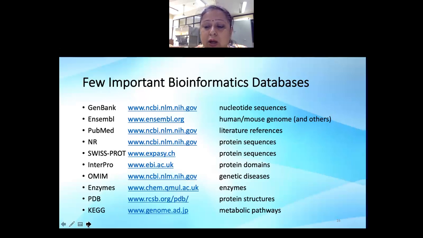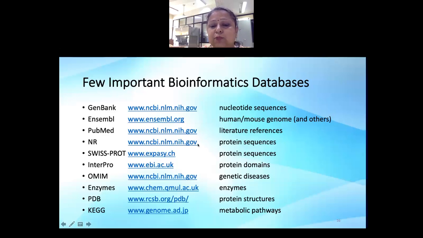So we now have a look over a few important bioinformatics databases. GenBank, which holds nucleotide sequences. The website is given over here. Ensembl, which has the human genome, mouse genome, and many other genomes. You have PubMed, which has literature references.